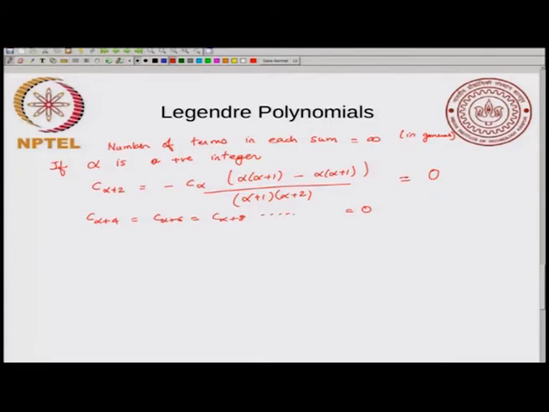So that means if alpha is a positive integer, then one of the two series converges to a polynomial, a polynomial of finite degree. And this polynomial of finite degree is referred to as the Legendre polynomial.